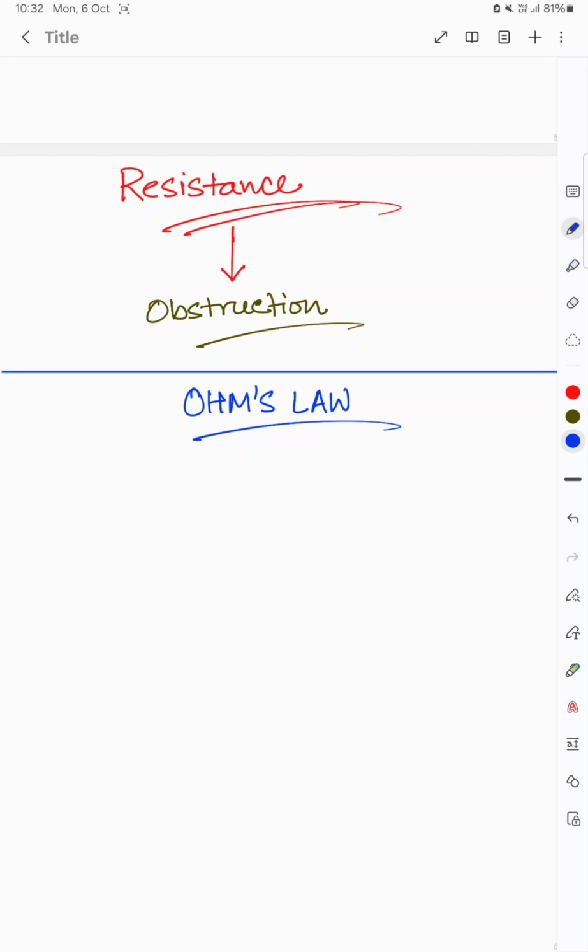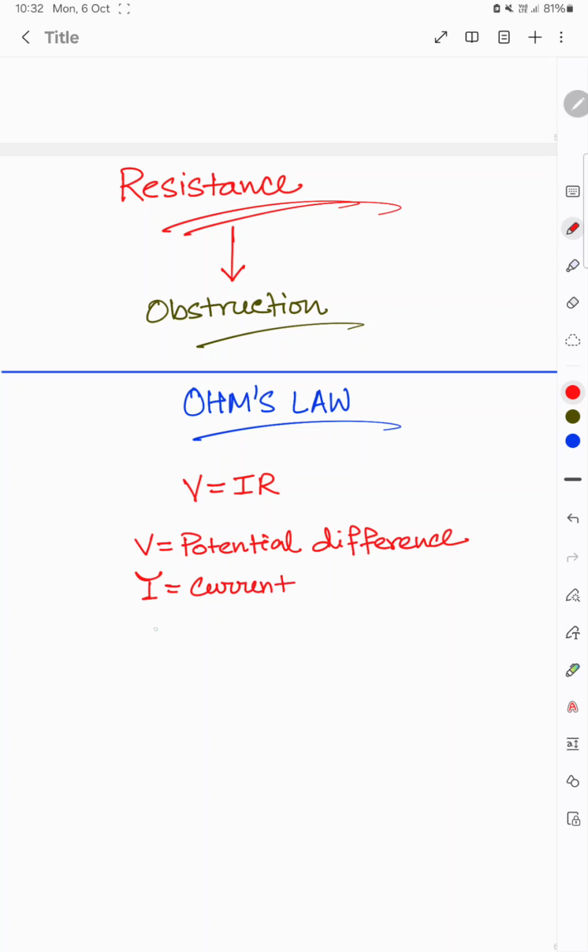So the symbolic representation of Ohm's law is V equal to IR, where V is the potential difference, I is the current, and R is the resistance.